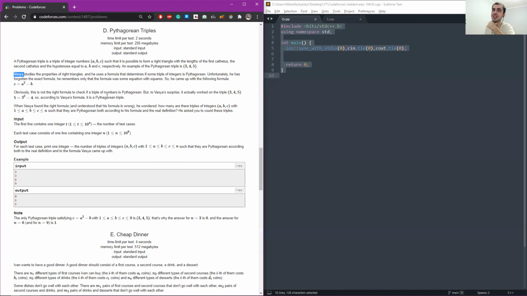So Vasya studies the properties of right triangles, and he uses a formula that determines if some triple of integers is Pythagorean. Yeah, you just have to check a squared plus b squared equals c squared. He forgot squares. Oh, so it actually works. But then it's not symmetric, right?